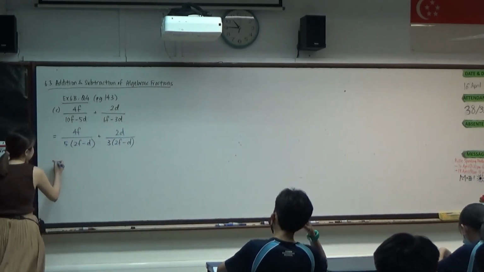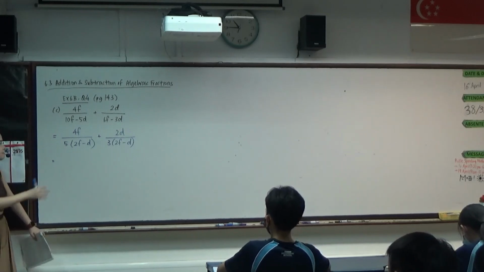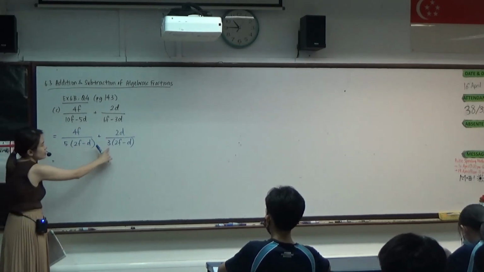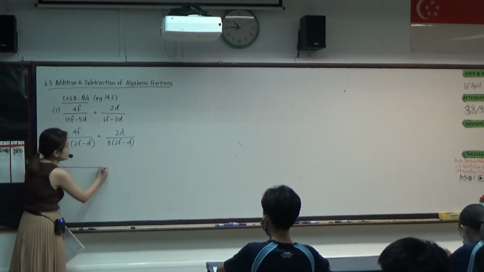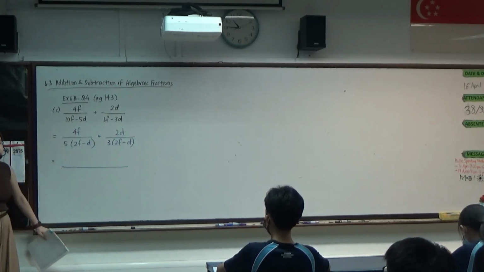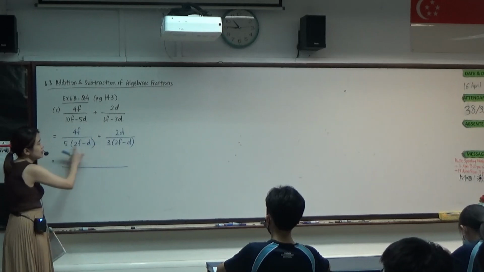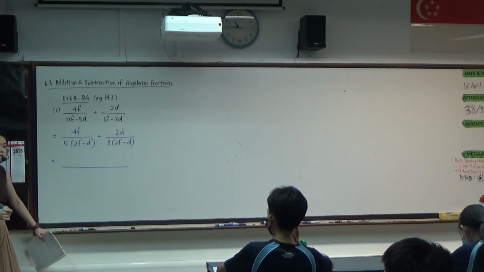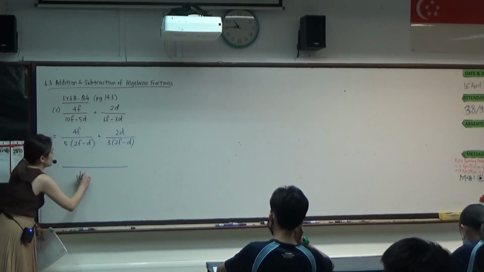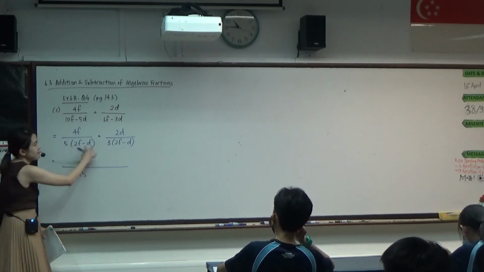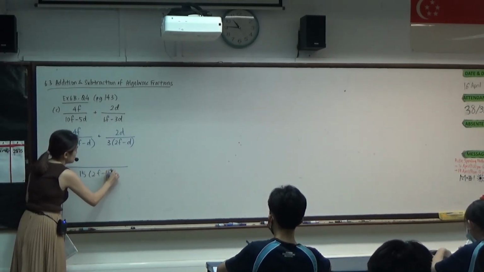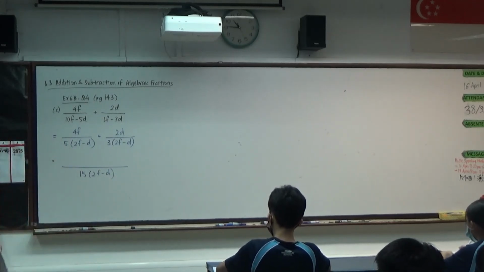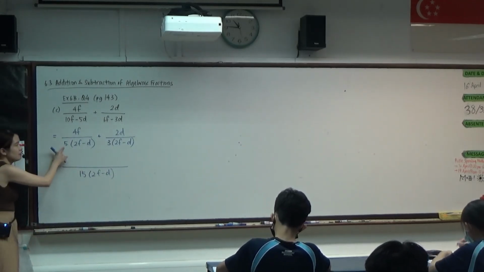And now that we have a denominator of 5 times 2f minus d and 3 times 2f minus d, we can effectively find the lowest common multiple by deciding that between 5 and 3, the lowest common multiple will be 15. And then after that, 2f minus d is present in both, so we keep it unchanged. So this will be the lowest common multiple for both fractions.